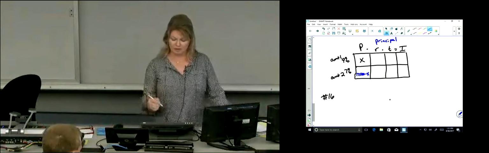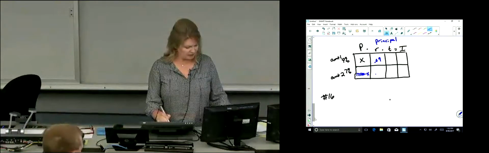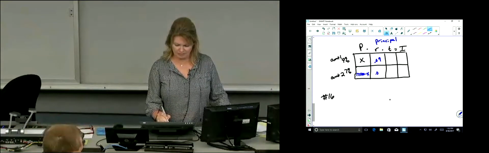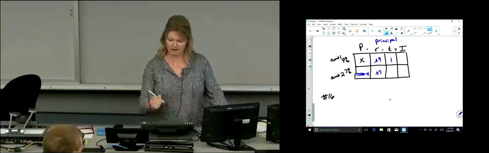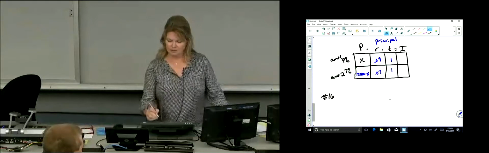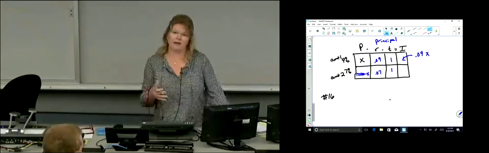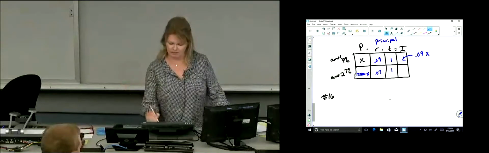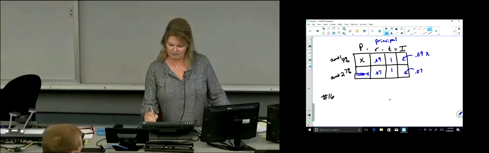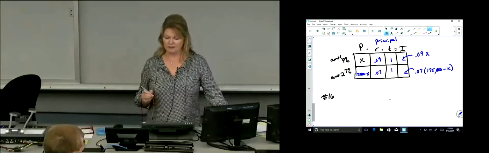Make sure when you plug in your rate that you move the decimal 2 places to the left. So I have 7% and 9%. And this was annually. So what's going to go in this interest block is just 0.09 times X and times 1, but I don't have to write times 1, and 0.07 times 175,000 minus X. So I think that might be the column that they didn't fill out for you.